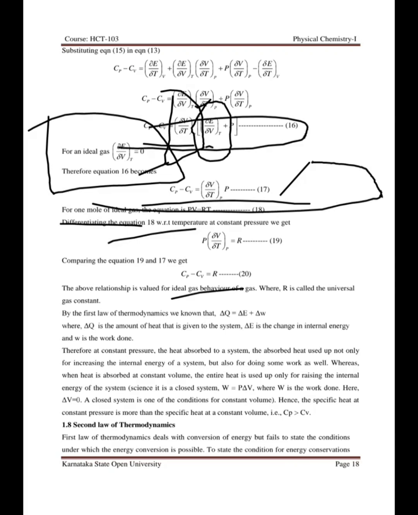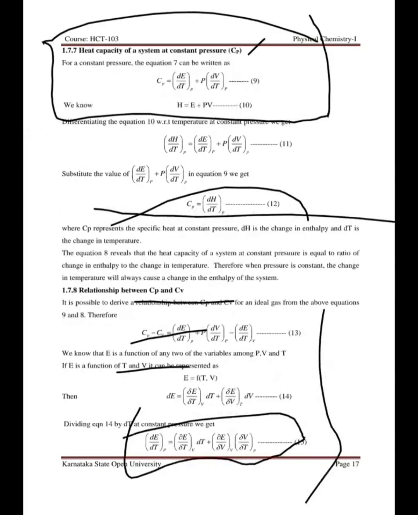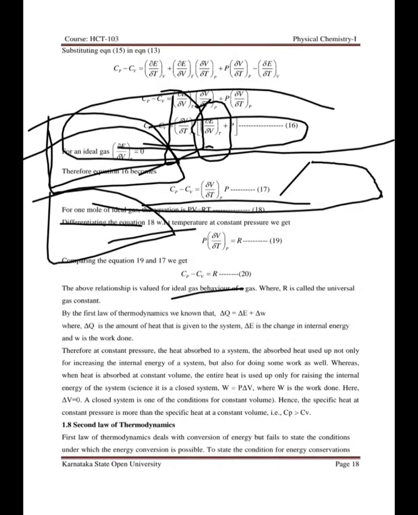For the ideal gas, keeping constant with respect to temperature, they don't need more than the relationship between constant pressure and constant volume. Till 16, if you write, that's enough. Here, delta Q is the amount of heat that is given to the system, and delta E is the change in the internal energy. So this is the relationship of the constant pressure and constant volume.